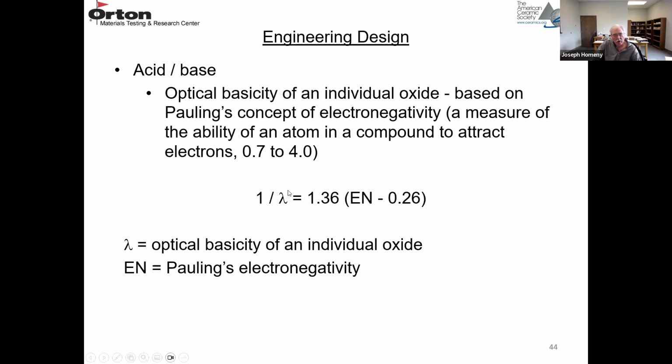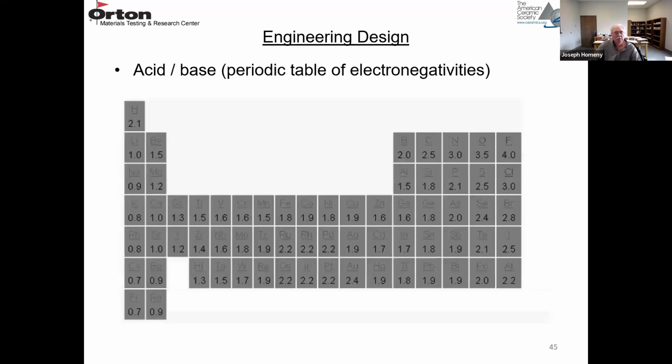So 1 over lambda, and lambda is the optical basicity of an individual oxide, equals 1.36 times En minus 0.26. So En is Pauling's electronegativity number. You can measure optical basicity of an oxide, or you can calculate it by this equation. The measurement's not that simple.